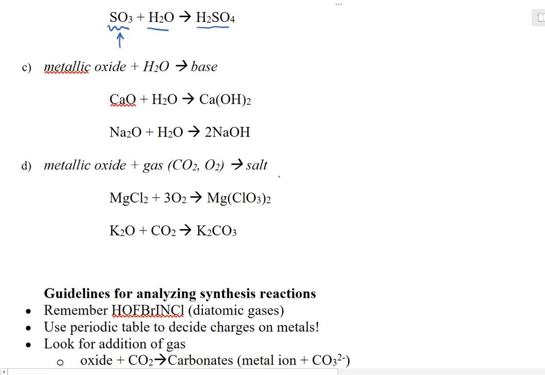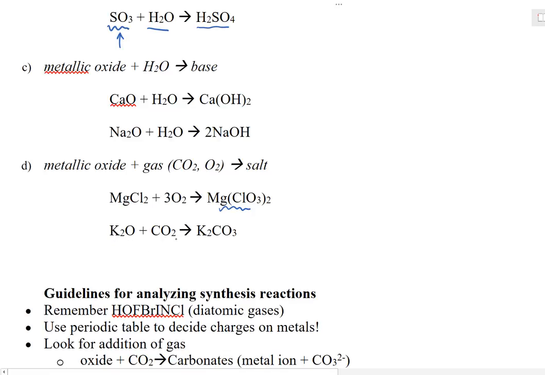These are the opposites to the ones we looked at last time when we had a chloride reacting with oxygen. That's what was formed when we decomposed a chlorate. So these are just the opposite, and we'll do some practice.